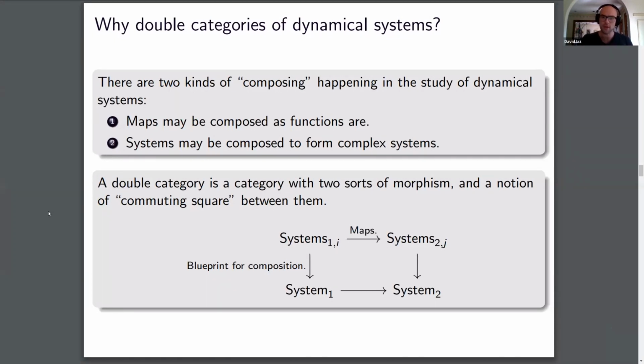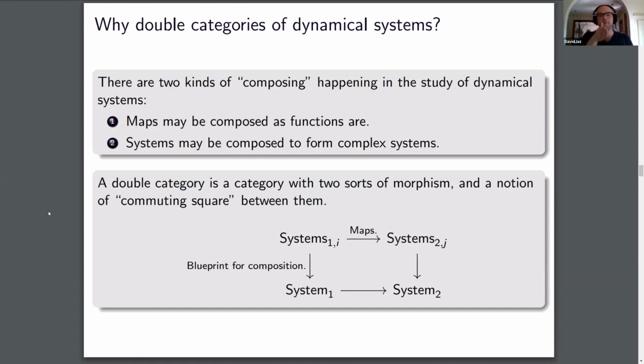So the systems themselves can be put together to form more complex systems. And we put them together by plugging in some of the variables of one state into the parameters of other systems. So a double category is a category with two sorts of morphism and a notion of commuting square between them. So for us, the commuting squares will look like this. Our objects will be systems, and the horizontal morphisms will be our maps between systems.